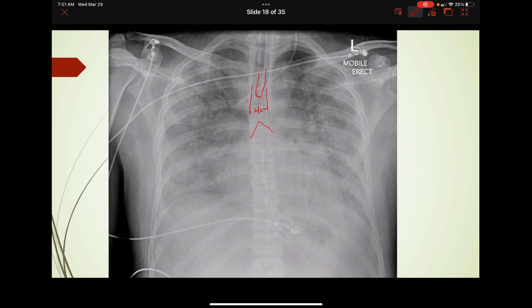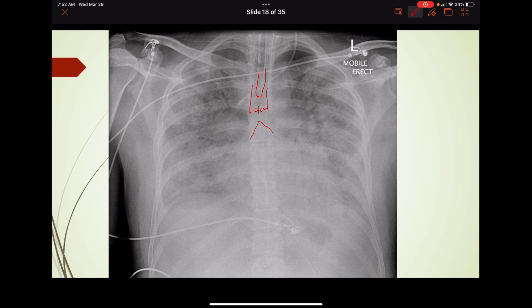B for bones, look at all the bones, and they look okay. Cardiac silhouette, good luck with that, you can hardly see it. Diaphragms, maybe kind of sort of, I don't know, this is rib here, I can't even really pick out the diaphragms. So it looks like this patient's not doing well, obviously.